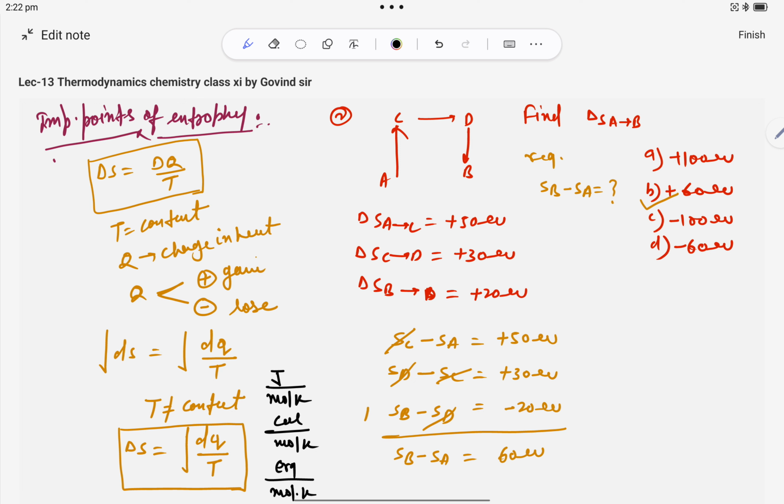It is an extensive property, depends upon the amount of matter. Okay. Now learn about isolated system and non-isolated system.